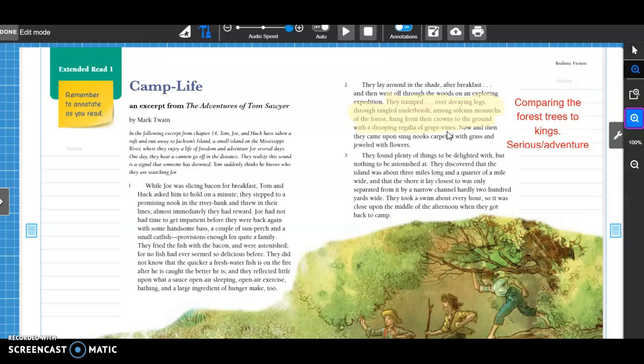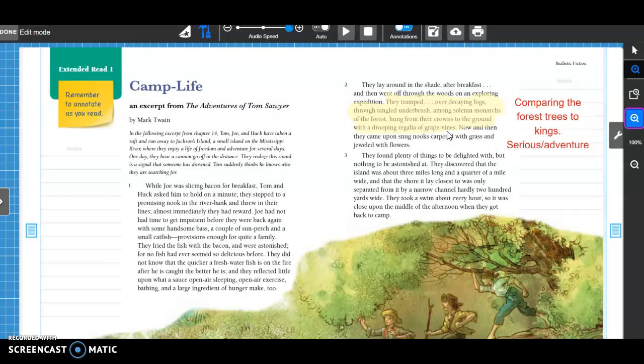All right, so what is our mood? This is pretty formal. This is not the boys talking yet. When we read the next one, it's going to be the boys talking. Remember, they don't really speak the greatest English. They are very laid back, so this is very formal. This is the narrator, or Mark Twain, writing and introducing us to what the scene is and kind of what's going on.